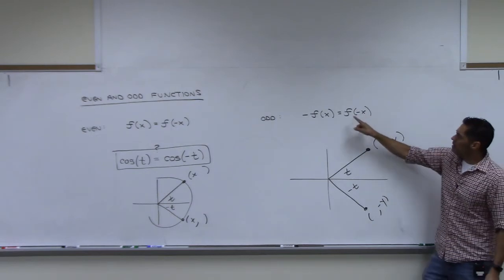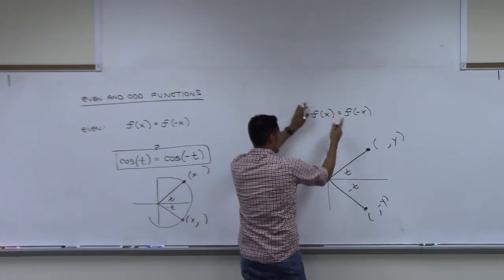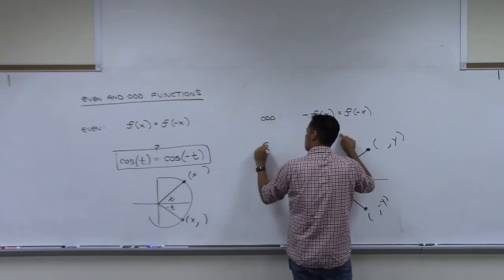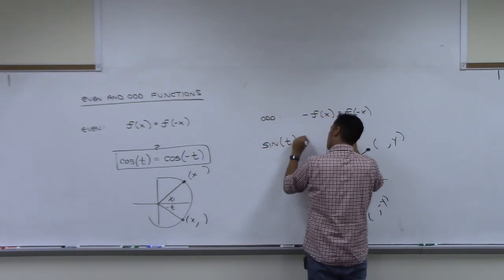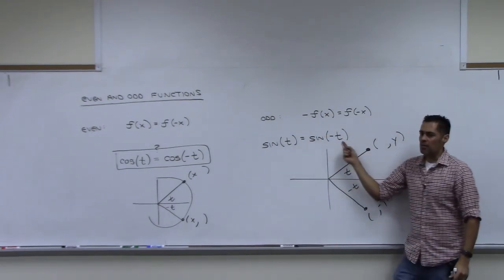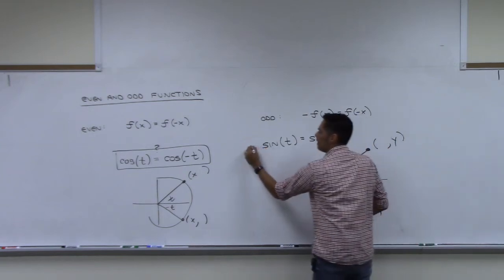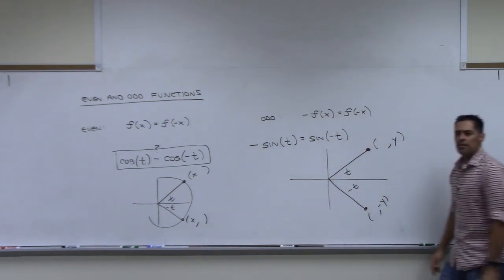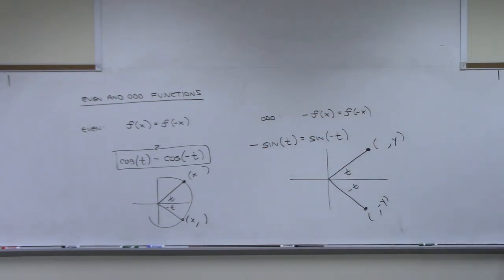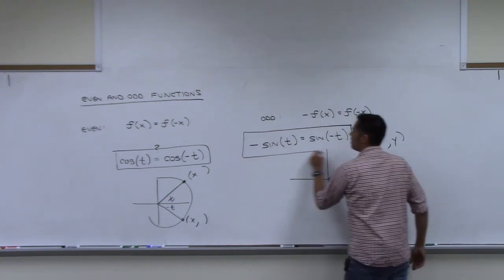So taking some value and plugging it into the function, oh, I didn't write it down. Sine of t, sine of negative t. This is not true, right? They're not exactly the same, but they're off by a sign, which means if I change that to negative, then it would be true. That's what it means to be odd. So cosine is even and sine is odd.